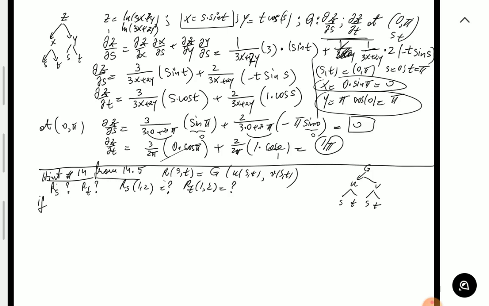You are given u_s at the point in question to be 4, u_t at the same point minus 3, v at 1, 2 is 7, u at 1, 2 is 5, v_s at 1, 2 is 2, v_t at 1, 2 is 6.